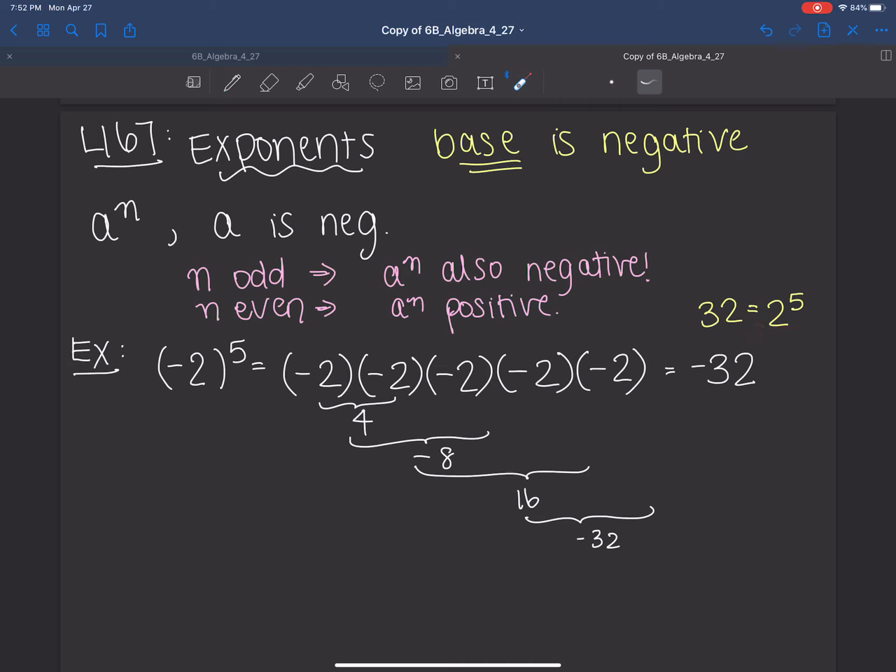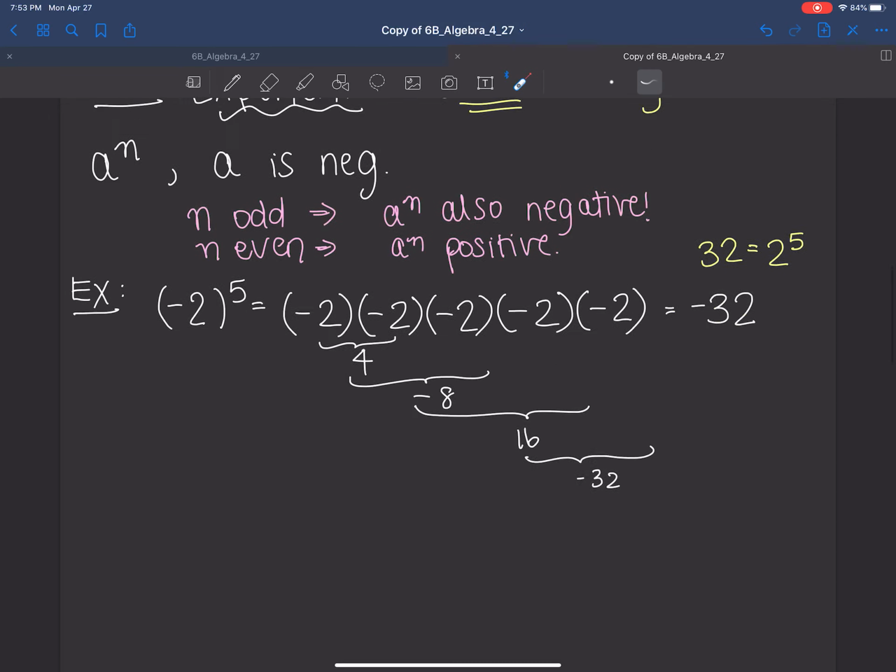So one way to handle negative bases is just pretend the negative isn't there, calculate that exponent, and then decide the sign at the end. And another easy way to see why this answer is going to be negative is because we have an odd number of minus signs. And we saw earlier that when we have an odd number of minus signs, our answer is going to be negative also.